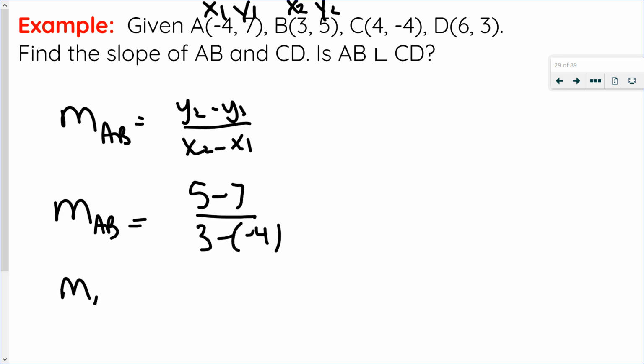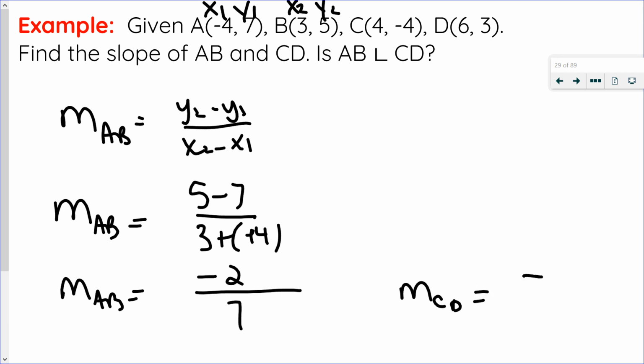So my slope of AB is 5 take away 7, negative 2. Here, two negatives make a positive, and I end up with 7. So negative 2 over 7. Now, using my rule, if the slope of CD was flip it, 7 over 2, opposite sign, negative becomes positive. If that is the case, then I can say AB is perpendicular to CD.